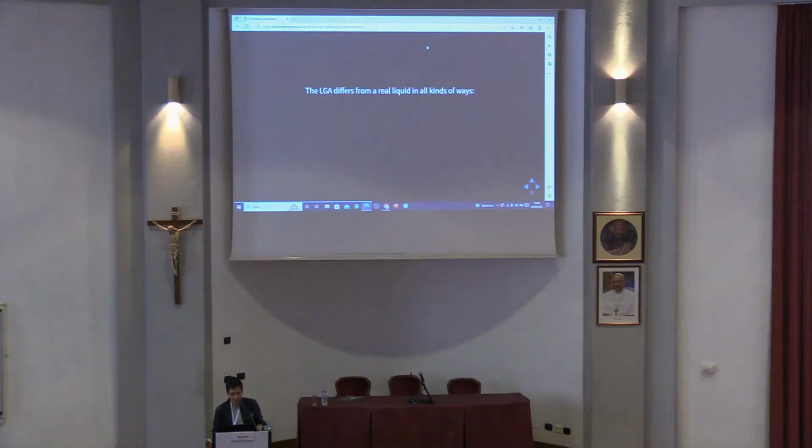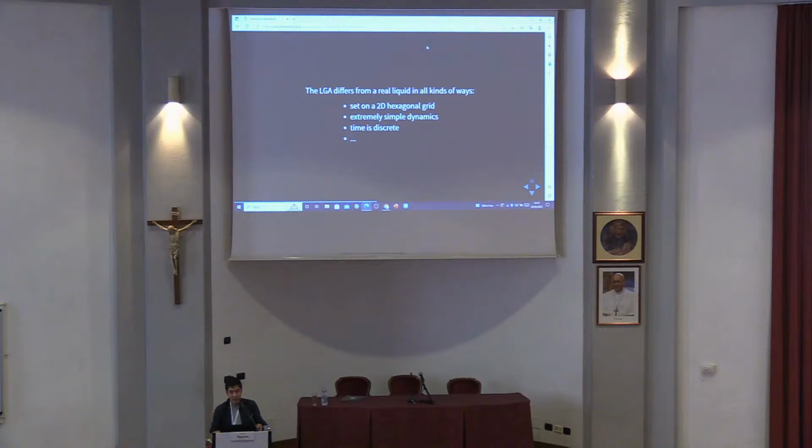But built into this lattice gas automaton are all sorts of distinctions, differences, inaccuracies between the model, the thing that's doing the explaining, and the target system, the thing that you're actually trying to explain. For example, the model's set on a 2D hexagonal grid. It's pretty obvious that water in a pipe isn't set on a 2D hexagonal grid.